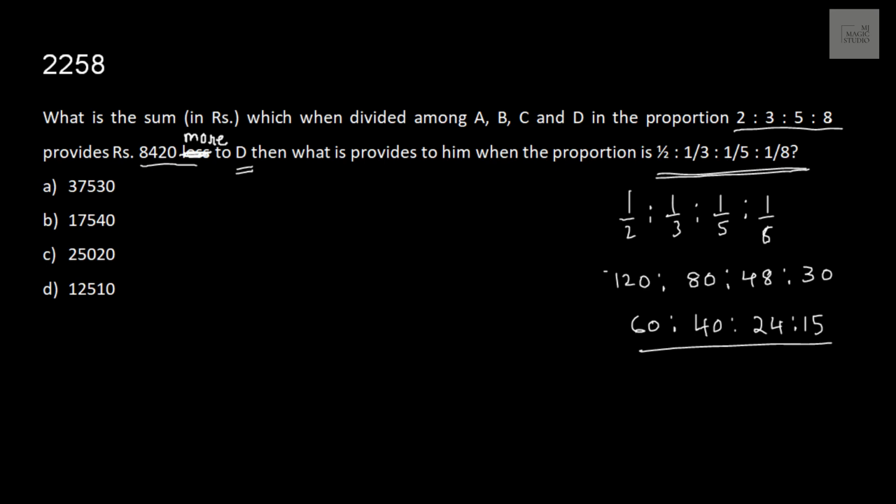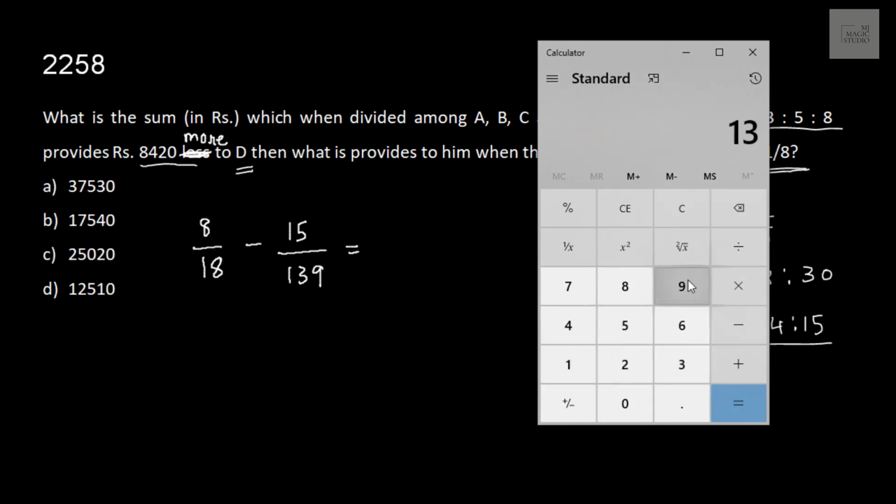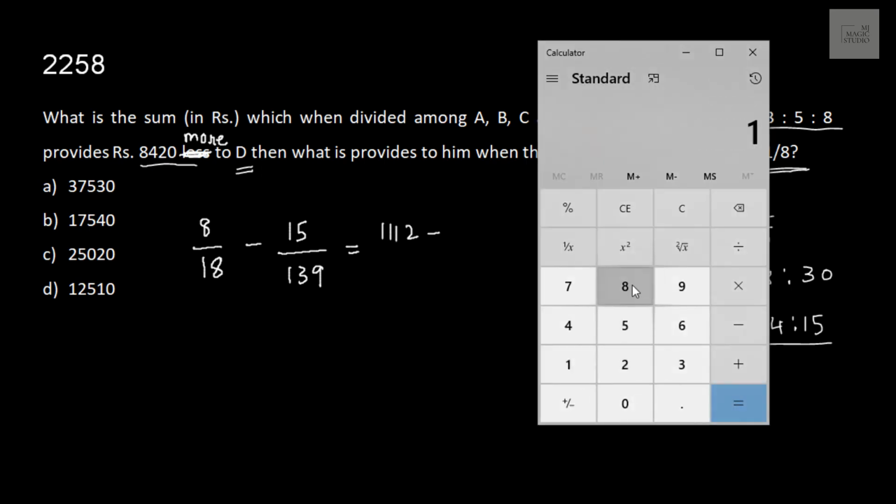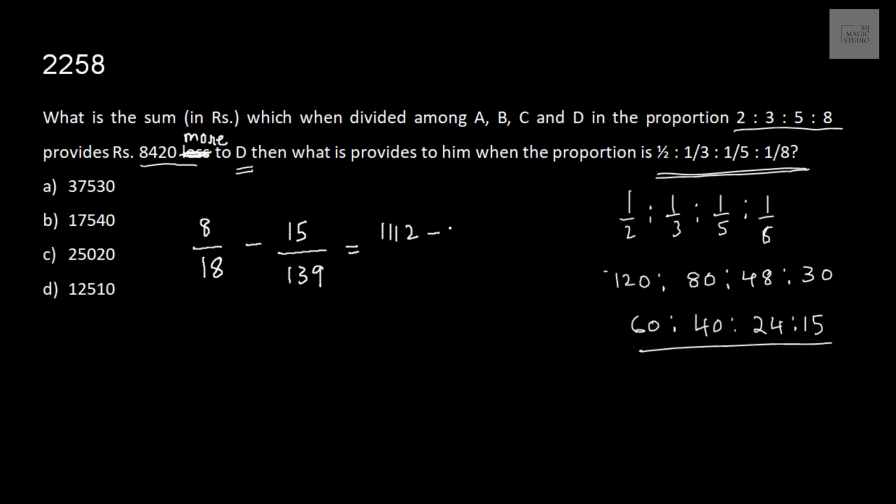So the former ratio was providing D how much? 8 by 18 part of the total value, minus the new one is providing 15 by 139. 139 into 8 is 1112, minus 18 into 15 is 270, minus 1112 would be 842, divided by 18 into 139.